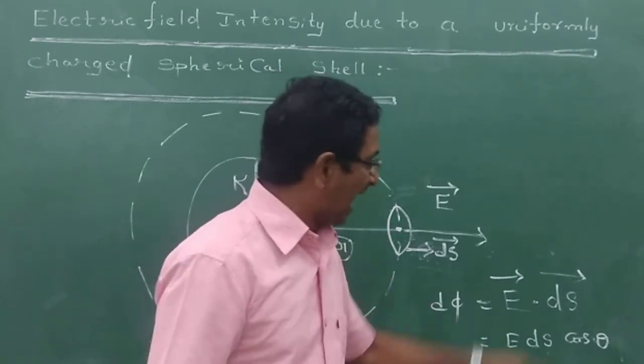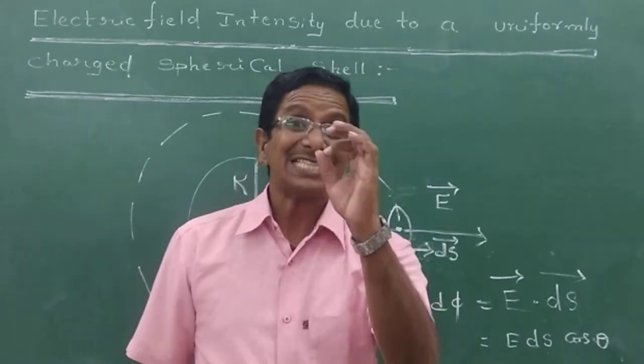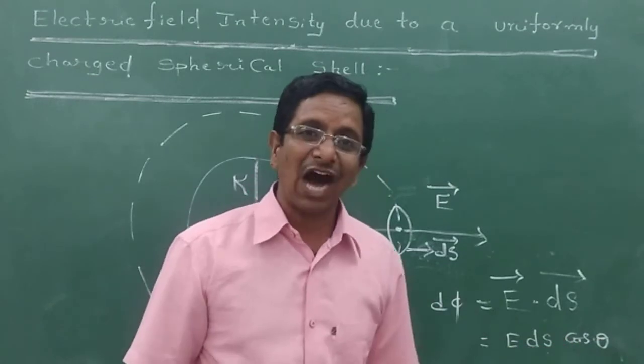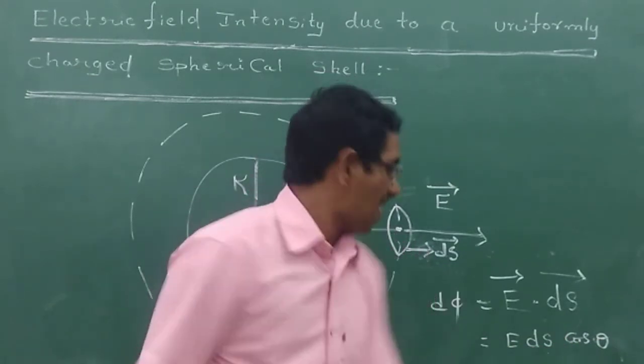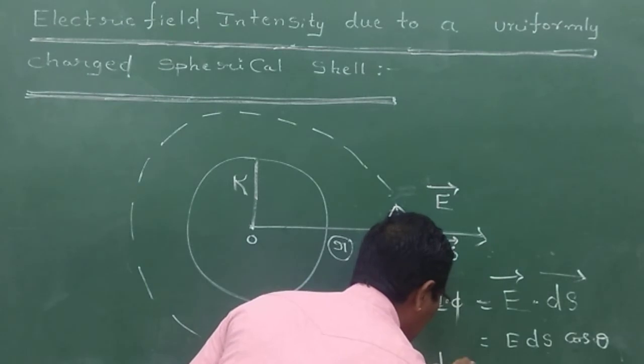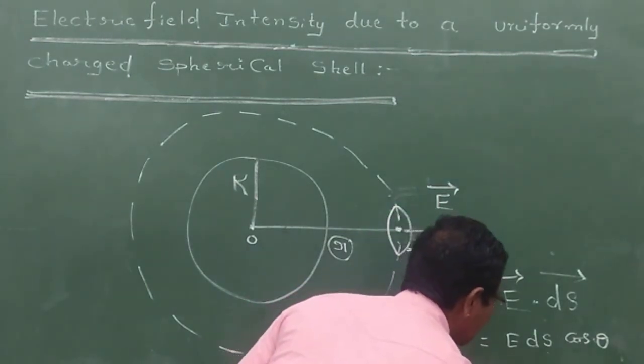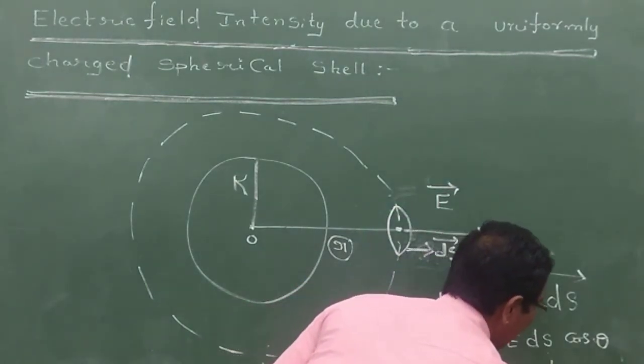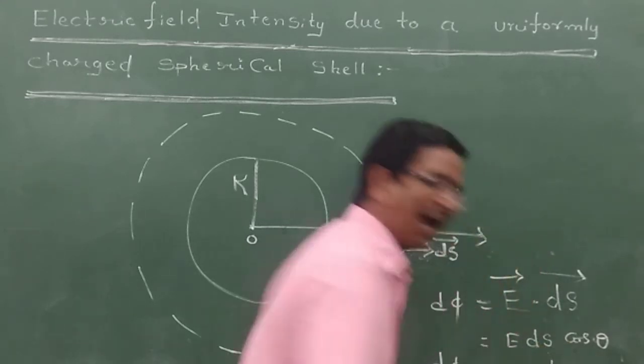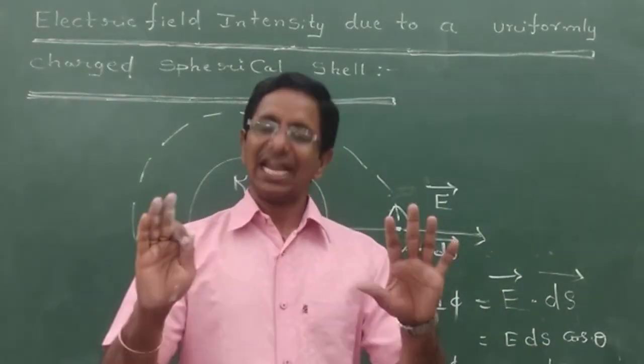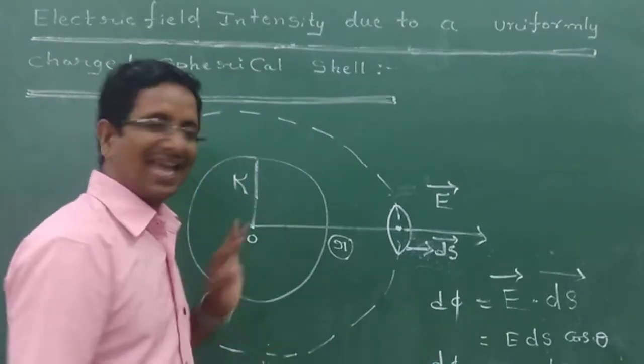Then what is the angle between E and ds? 0 degrees. What is cos 0? 1. Therefore, d phi is equal to E ds. Equation number 1. Okay? I think you understood about the diagram.